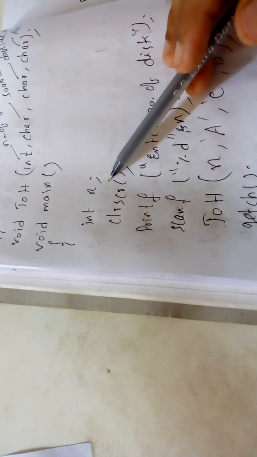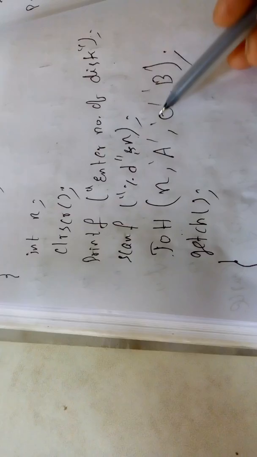After declaring the header files, call the function, let us consider the function name as TOH. We have to pass the arguments as first number of disks, source, destination, auxiliary. Then void main, initialize n. N is used to represent the number of disks. Clrscr is used to clear the screen.